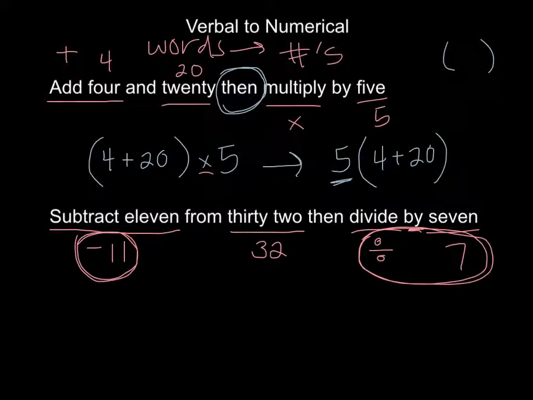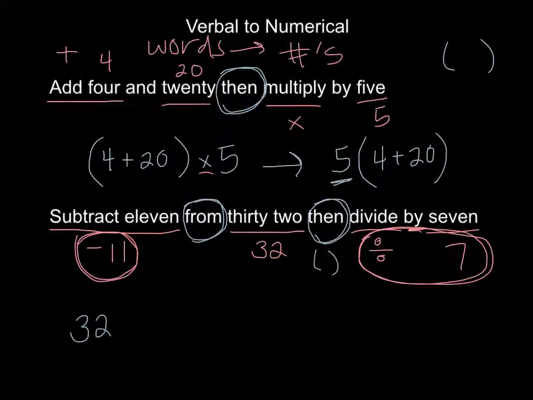I also see some keywords, both "from" and "then." "From 32" means that 32 is going to be at the front of my problem. "Then" tells me that there's going to be some parentheses.